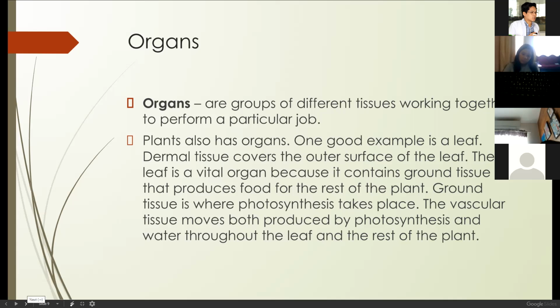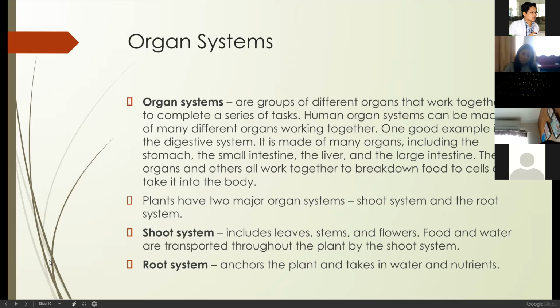Anyway, let's move forward with organ systems. Okay. Now, if we group the organs, it will actually form or create an organ system. Organ systems are groups of different organs that work together to complete a series of tasks. Human organ systems can be made of many different organs working together.